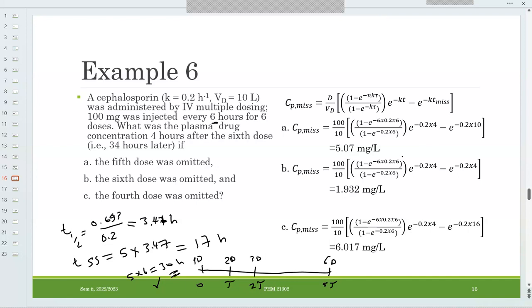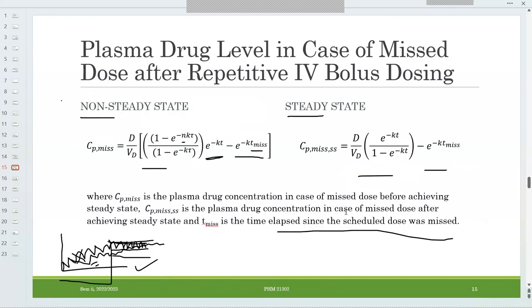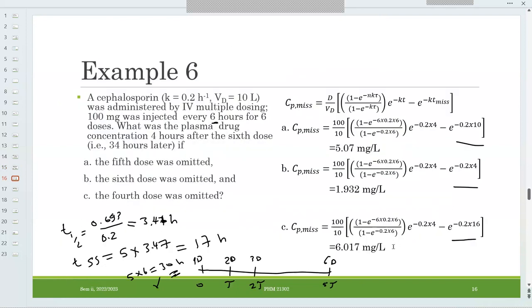The difference will be in this fraction, the Tmiss. Previously we mentioned that in our definition, Tmiss is the time elapsed since the scheduled dose was missed.